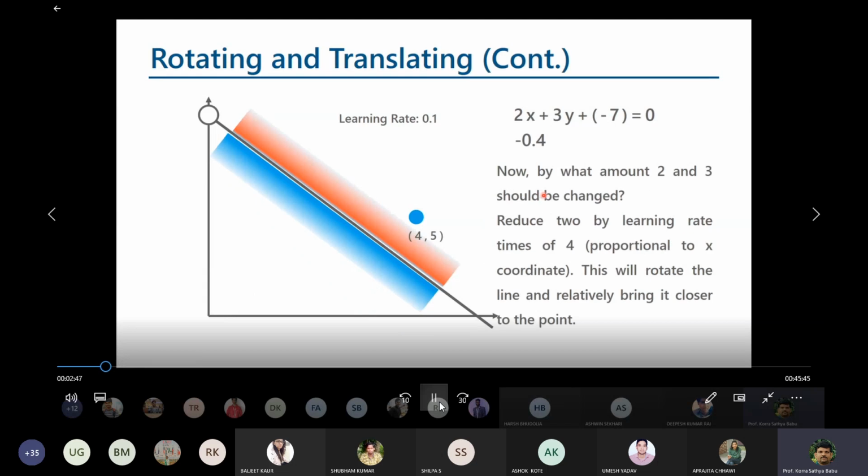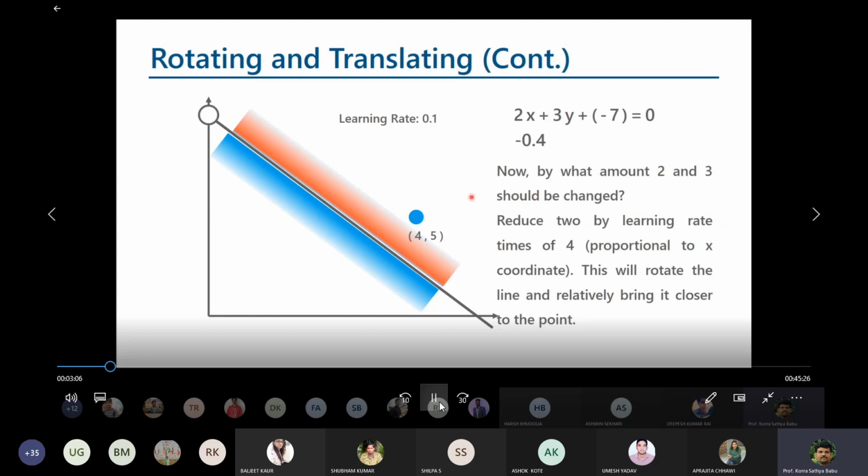Now let us see. Suppose we do some other operation, like with 4 and 5. This 7 we will do the same as earlier with respect to the learning rate, 0.1. Now by what amount should 2 and 3 be changed?